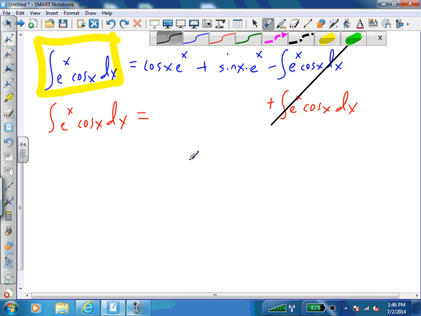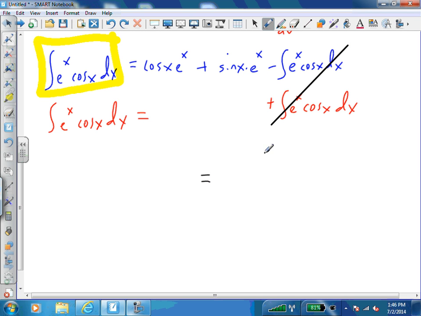So our right side, we have cosine x times e to the x plus sine x times e to the x. What does that give us on the right side? Two integrals of e to the x cosine x dx. How do we get what we were looking for?